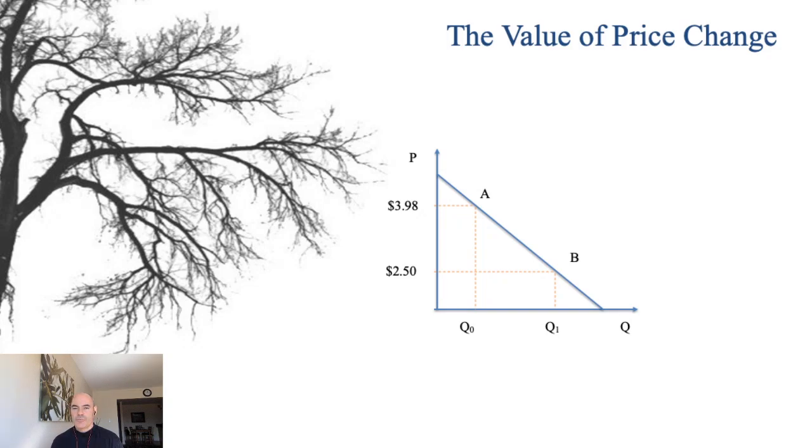And once the price climbs to nearly $4, or $3.98, then people find substitutes. Maybe they choose to live closer to their work. Maybe they choose to work from home more days during a week, whatever it is. But they're saving resources on gasoline consumption, and thus they're ending up at point A.